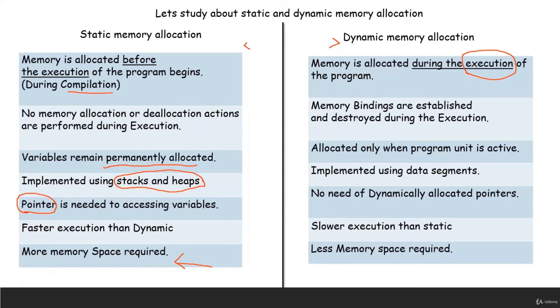Yes, because in dynamic memory allocation the memory is allocated temporarily, that's why it is established at one time and destroyed at another. You can do both actions here. It is allocated only when the program unit is active, that is during runtime. Implemented using data segments. There is no need for dynamically allocated pointers here. It has slower execution than static and requires less memory space, as you can resize the array as per your situations.